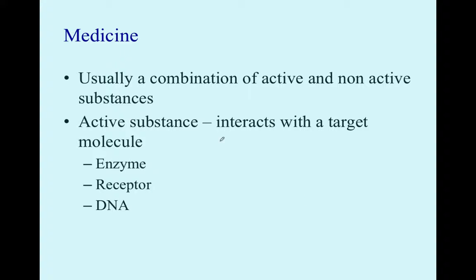All right. The active substance in the medication is going to interact with a target molecule in the body, and that is typically either an enzyme or a receptor or the DNA.